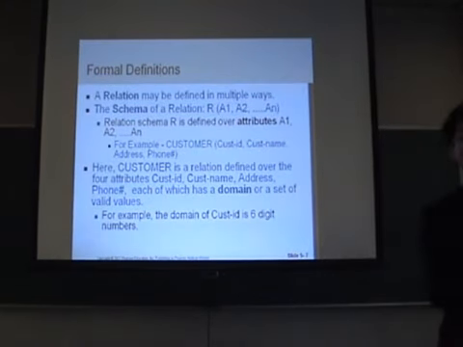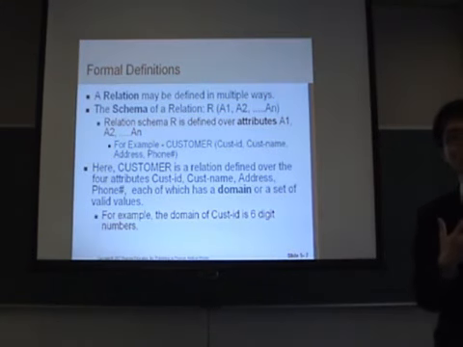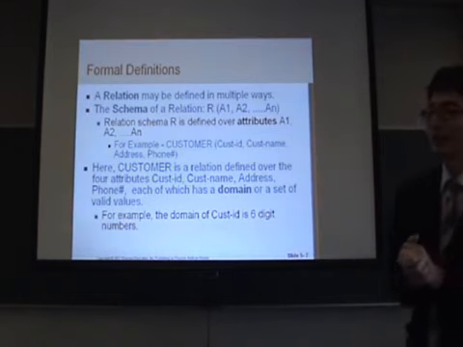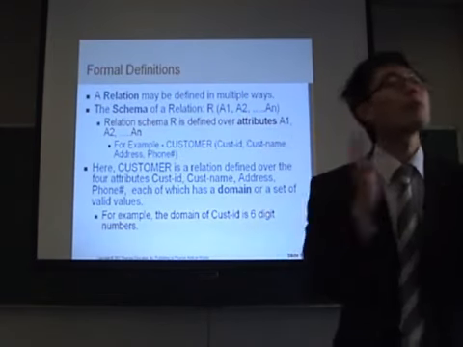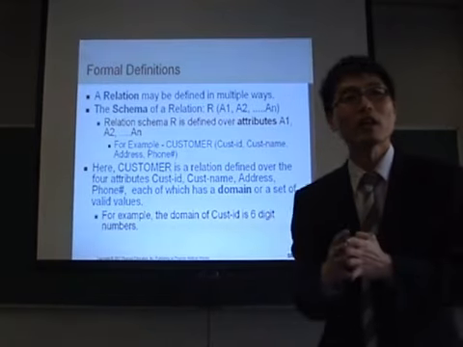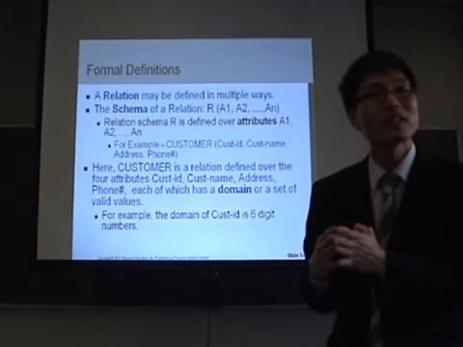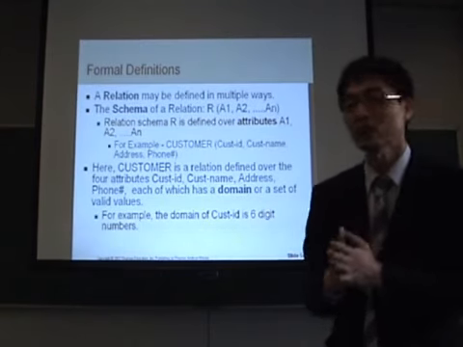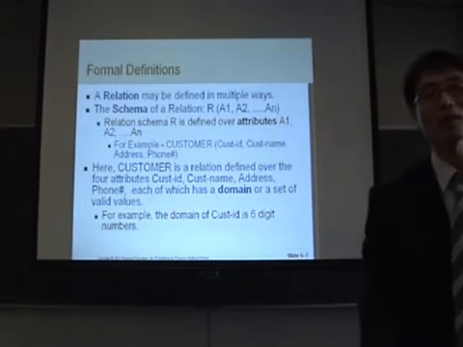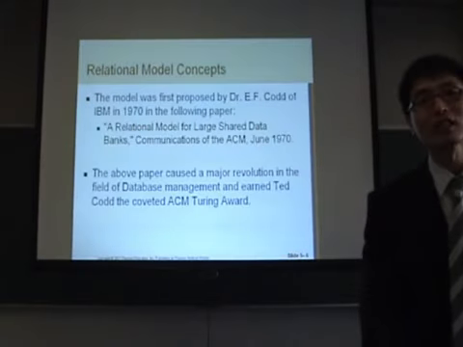What is formal? Formal is the opposite of informal. Formal means mathematical, because Professor Lee's major is mathematics. Anyway, formal means the mathematical way. Then informal means the non-mathematical way. So far I explained the definition of relation using the informal way.